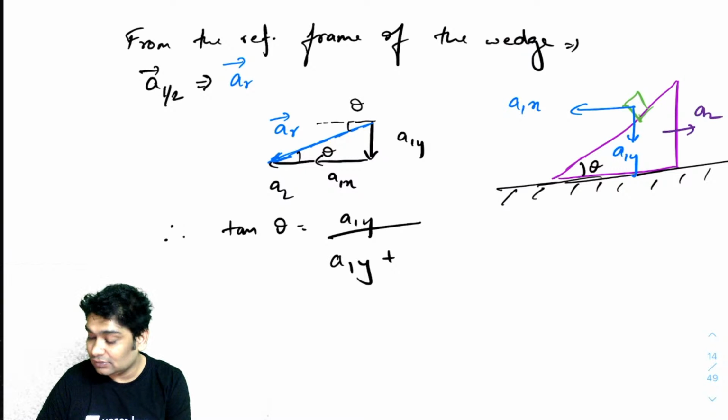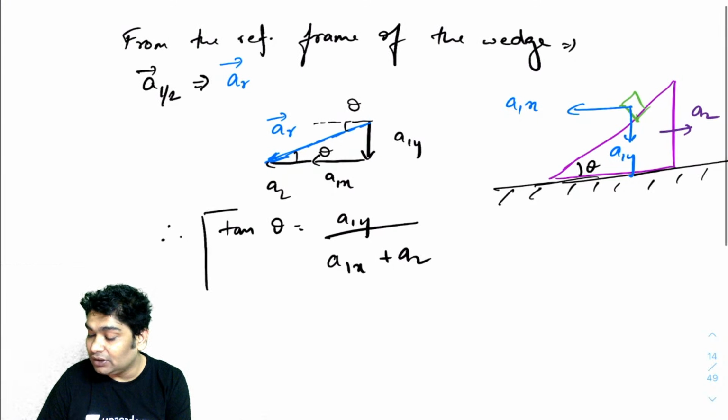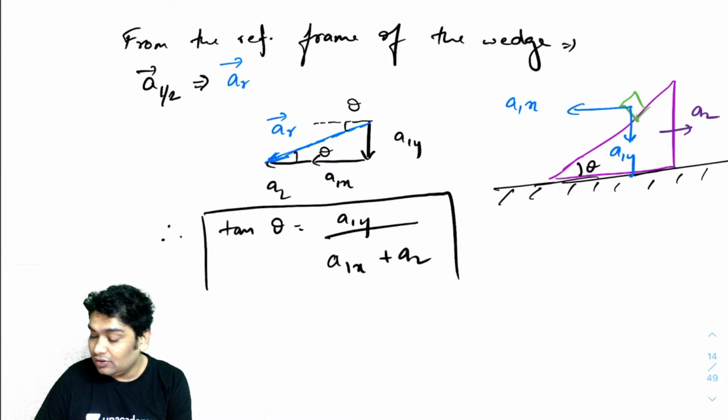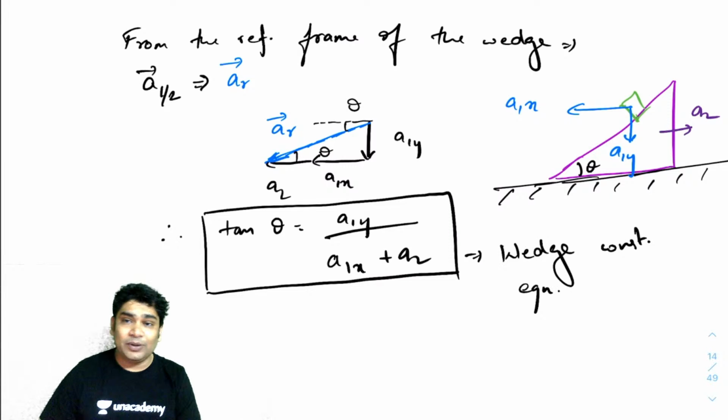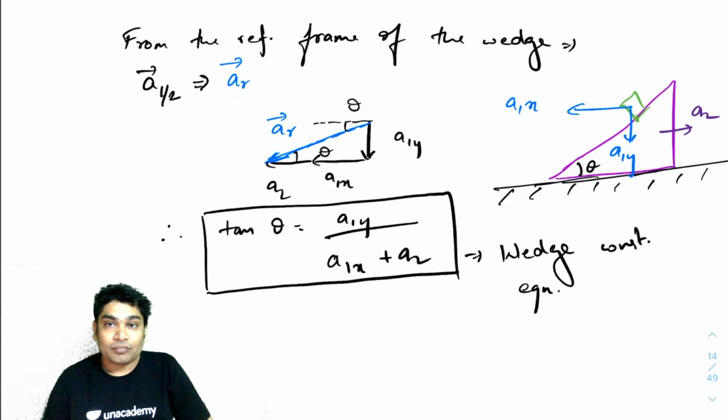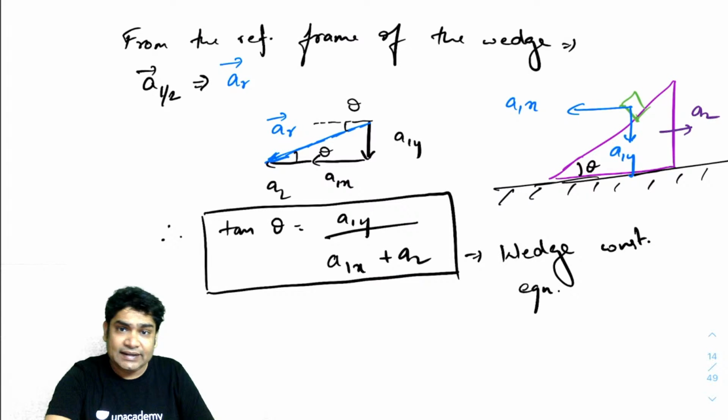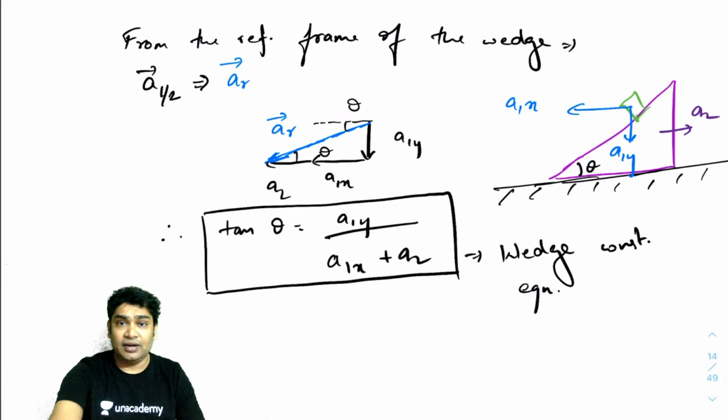So in this particular example, this would have been your wedge constraint equation. So I hope you get the idea. So this is how you can easily write your wedge constraint equations.